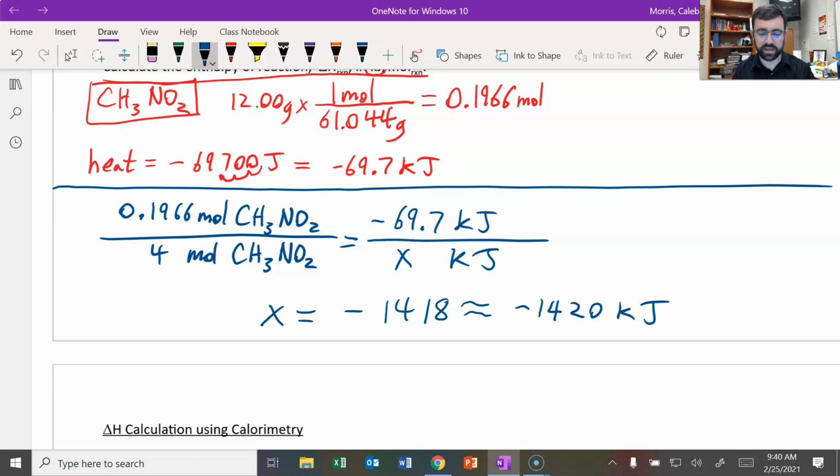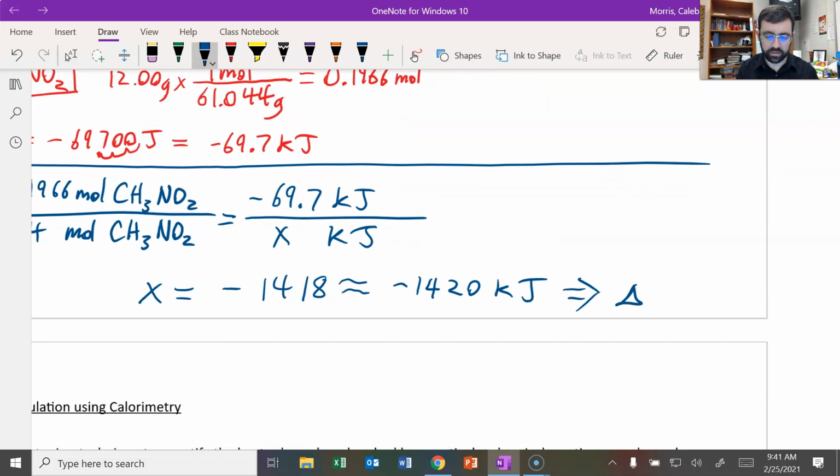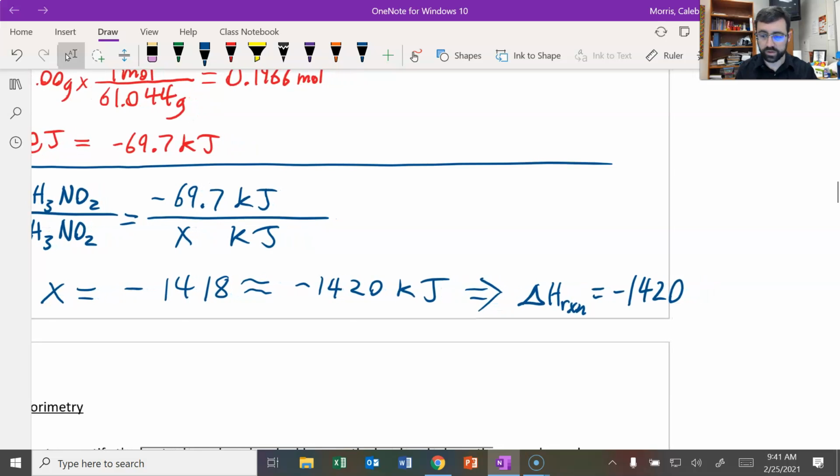So what that means is delta H of reaction is negative 1,420. Our units would be kilojoules per mole of reaction.